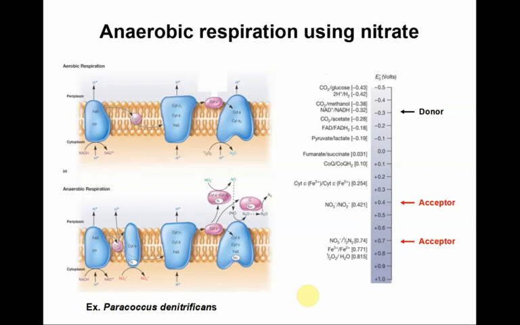However, some bacteria can also use different types of electron acceptor for respiration. So in aerobic respiration, think about it. Basically, the electrons are coming from where? They're coming from this half reaction, NADH, releasing electrons to produce NAD+.